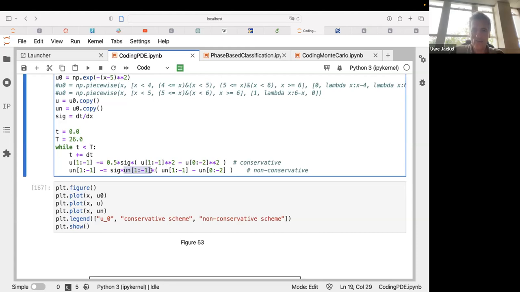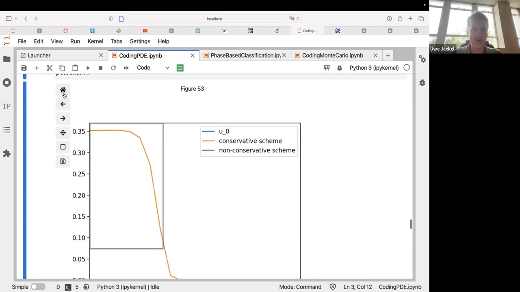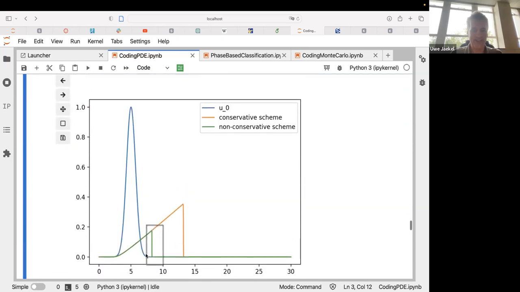So when you are at exactly 0, it's impossible to get out of this situation. While in the conservative scheme, you get actually an update from the left. So matter is not multiplied with this exact 0. This is why this shock front is halting in the non-conservative scheme.